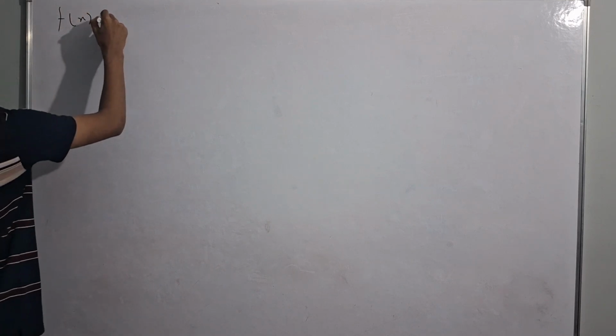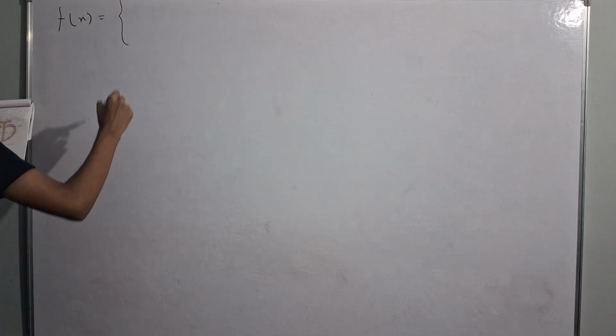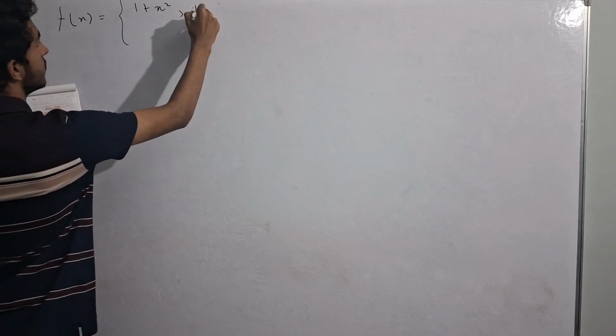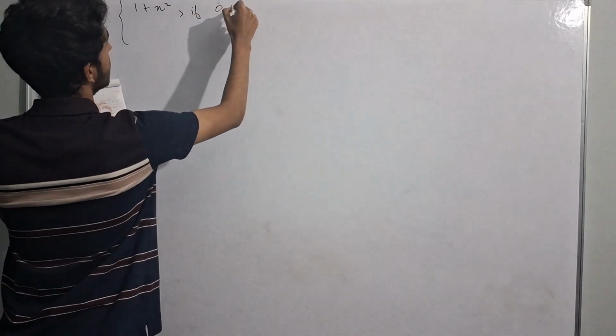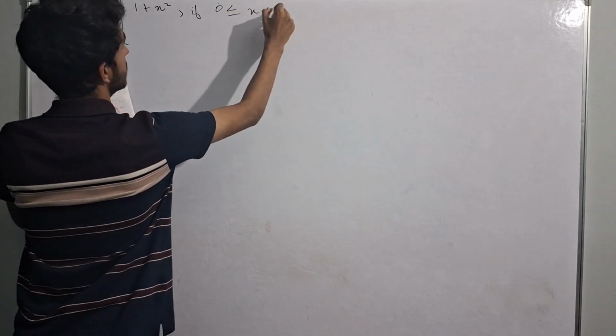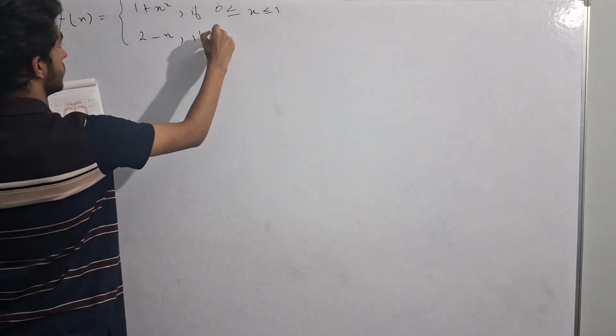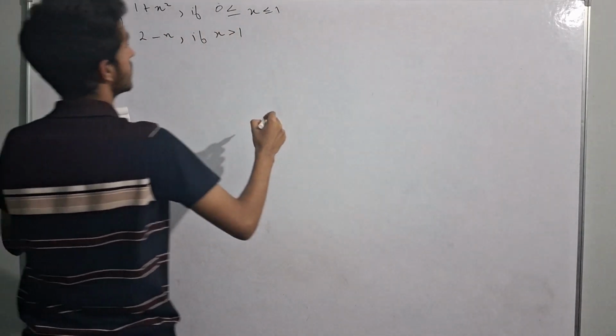So the given function is f of x equal to 1 plus x square if x is less than 1, this is the given equation, and 2 minus x if x is greater than 1.